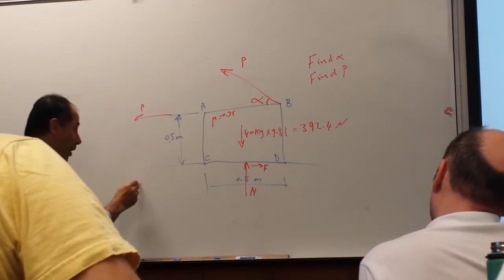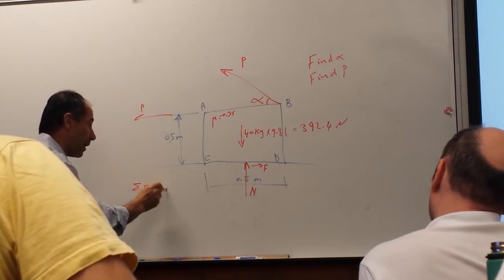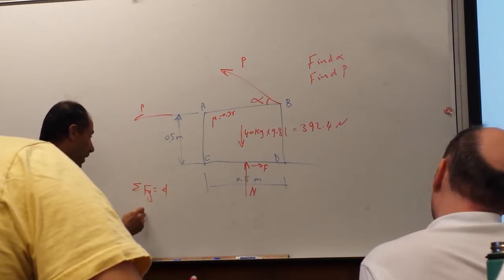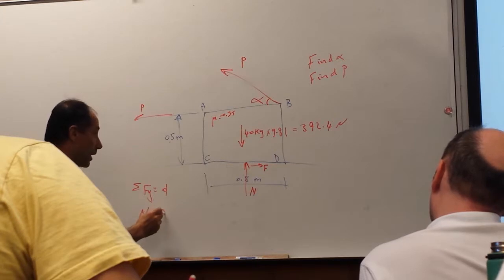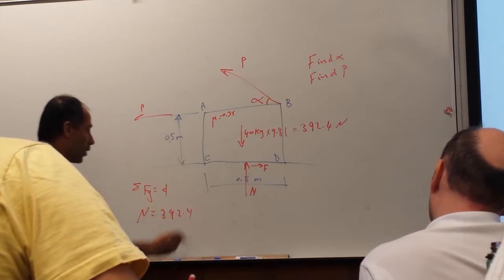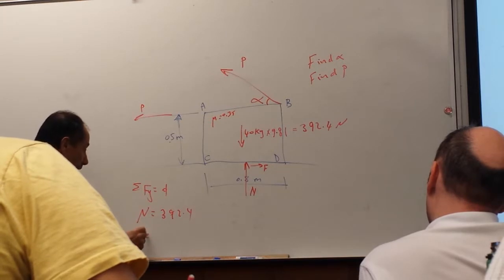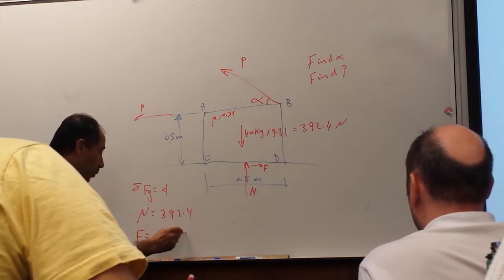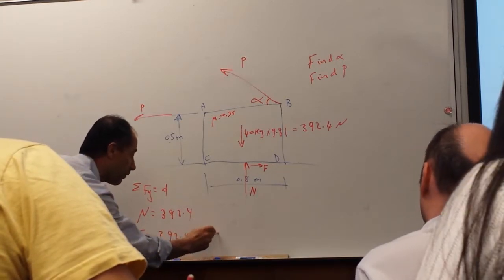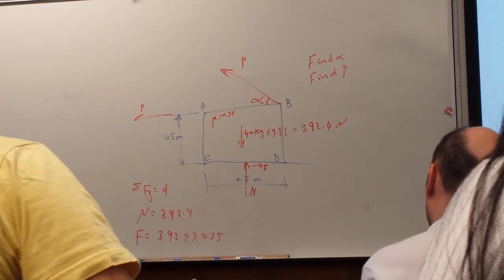Sum of forces on Y equals 0. I have N equal 392.4. Agree? In this case, F equal 392.4 times 0.35. Agree?